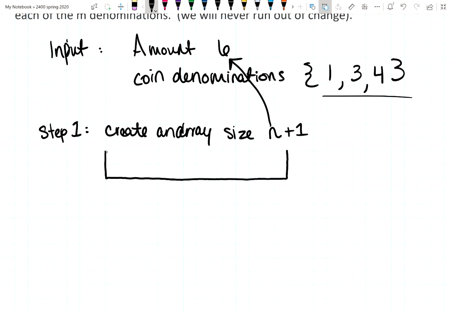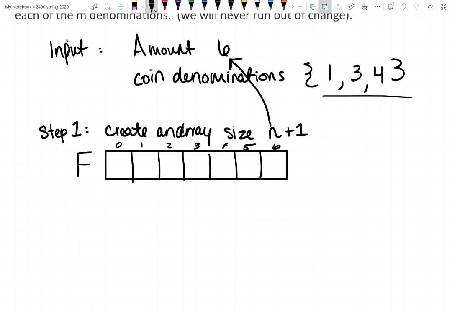There we go. And I'm going to go ahead and put the index numbers up above each array element, 0 through 6. Okay. And I'm going to call this array F.